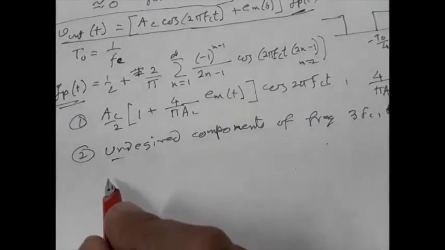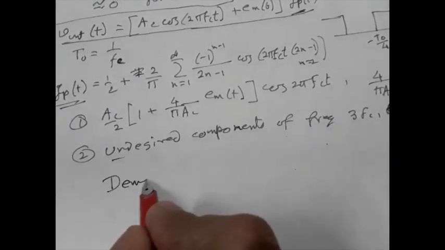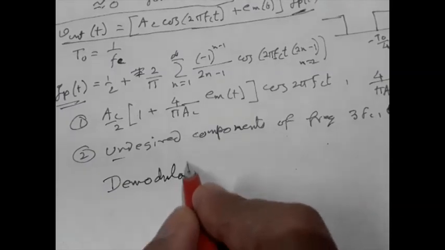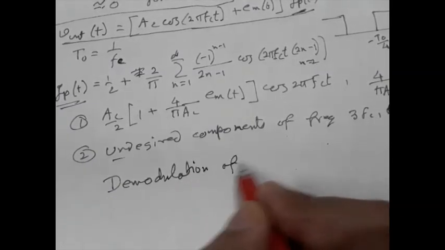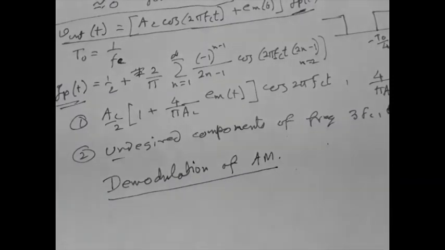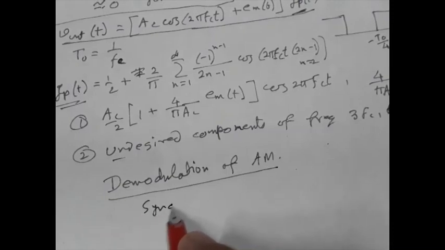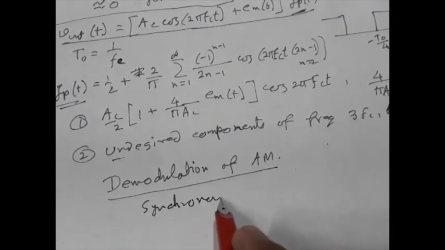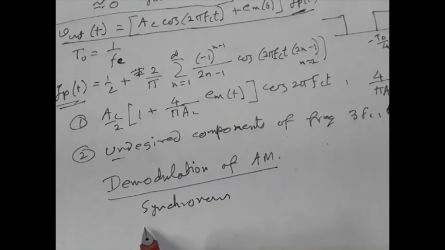Now we are going to discuss the demodulation of AM. Generally, demodulations are of two types. One is synchronous, another is asynchronous.